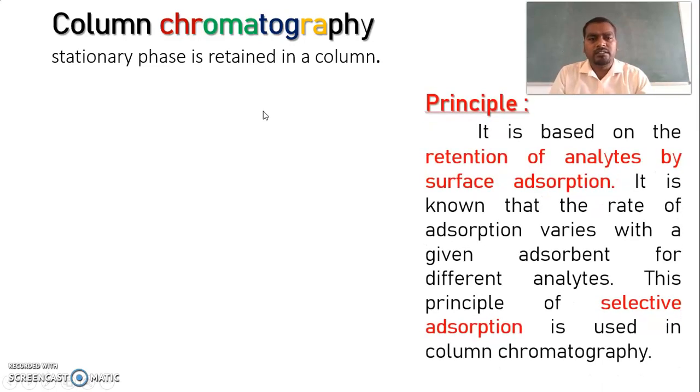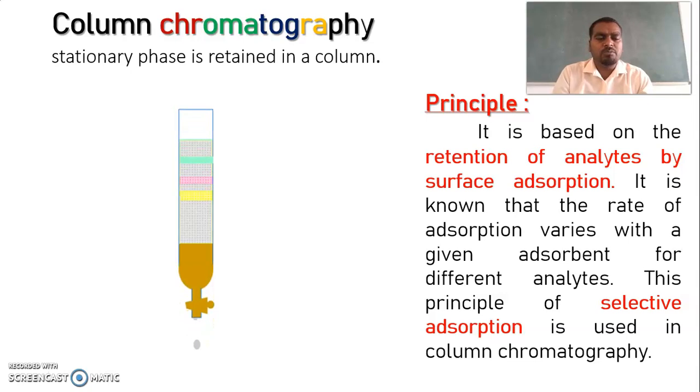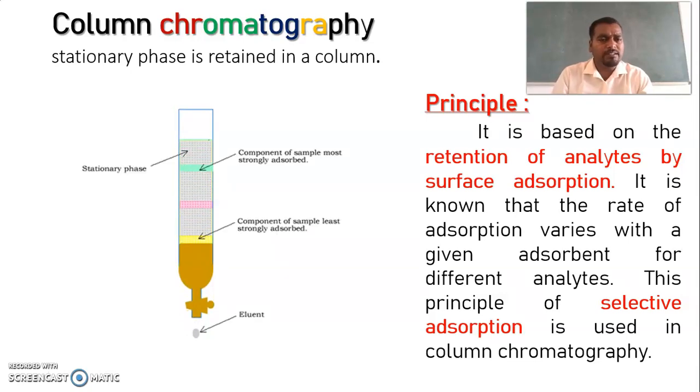The basic principle of column chromatography is that it is also called adsorption chromatography, because the mechanism of separation is adsorption, and the stationary phase used in the column is called the adsorbate. It adsorbs the substance analytes on it.